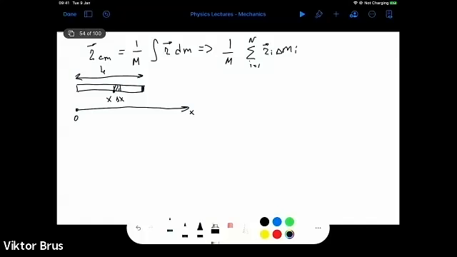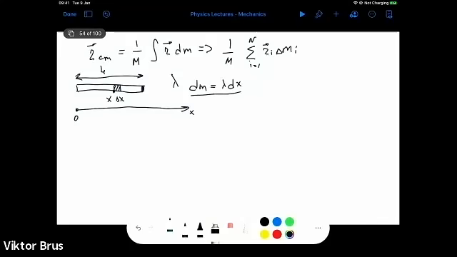Then we need to figure out where the coordinate of the center of mass of this uniform rod with the length density lambda will be. So we can write that the mass of this very small piece of the rod will be dm equal lambda times dx.